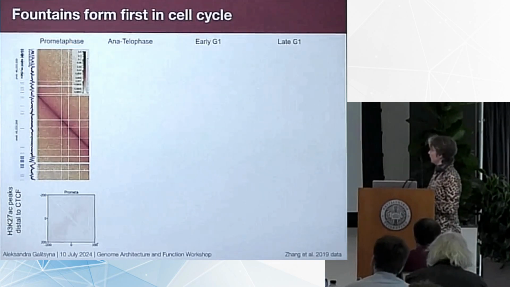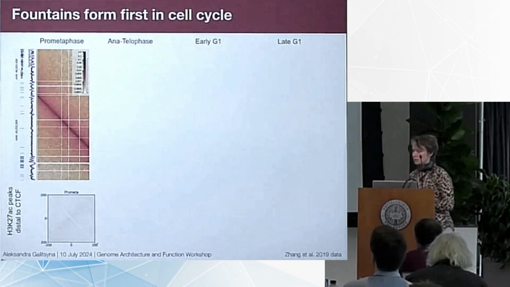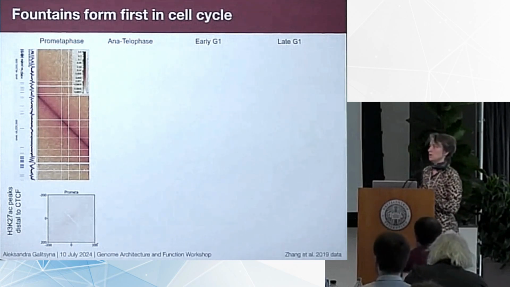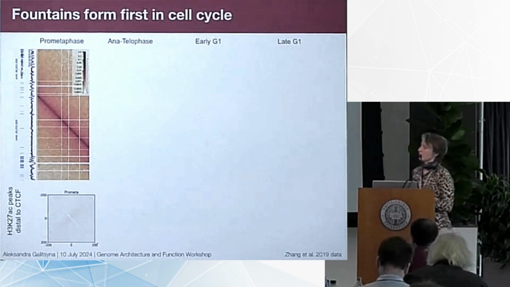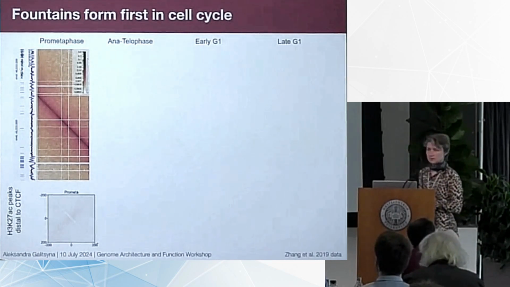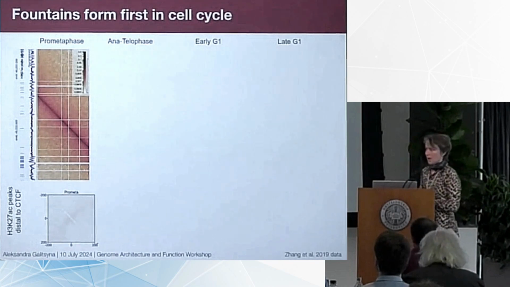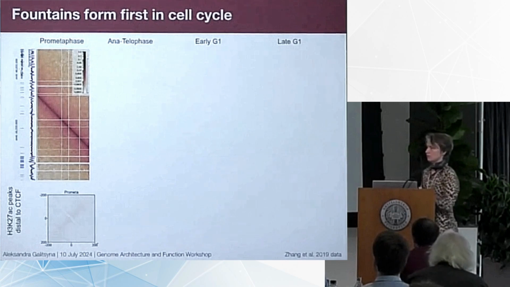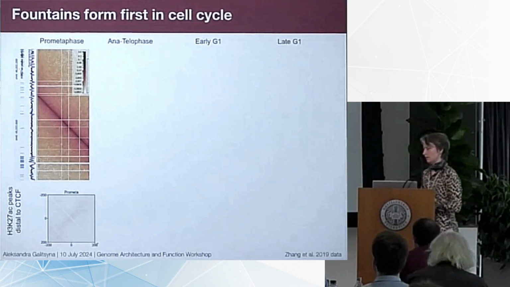Okay, and finally, another interesting observation that I would like to highlight here is that we know that embryos are also very rapidly dividing. And in zebrafish, the division happens every 15 minutes, so it's very, very fast. And maybe the formation of the structures is somehow interconnected with the cell cycle.